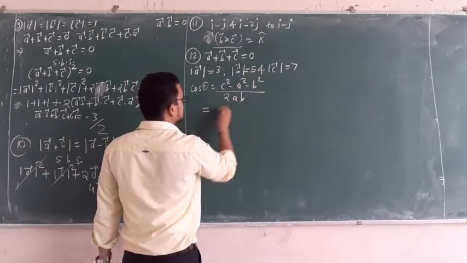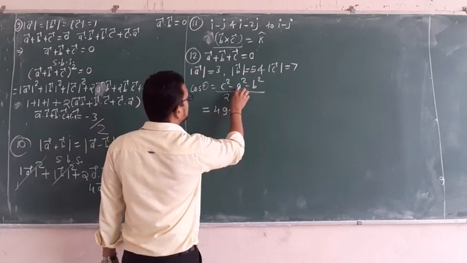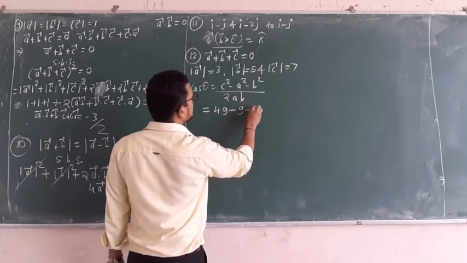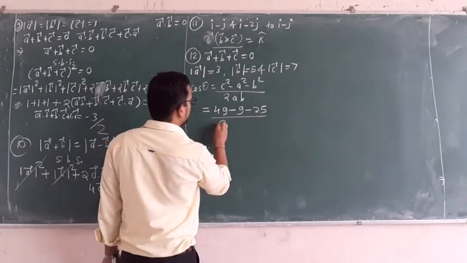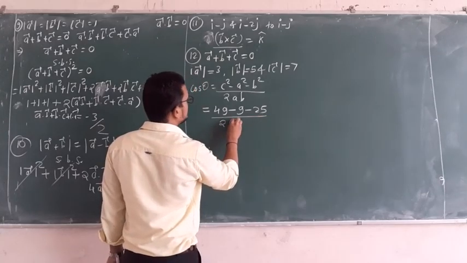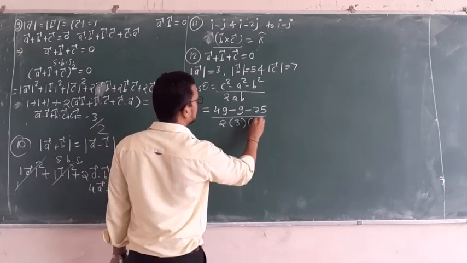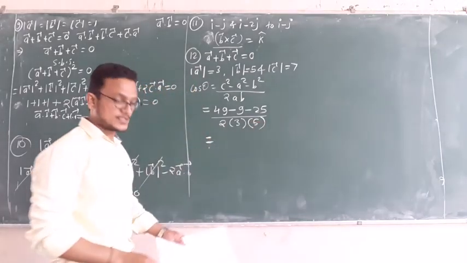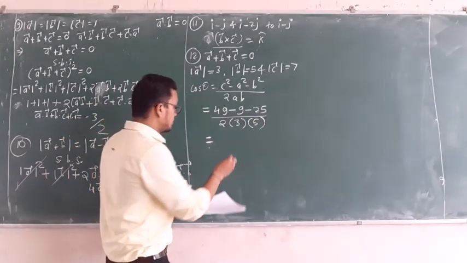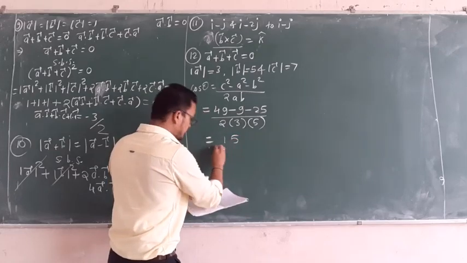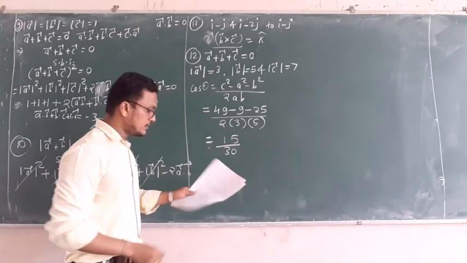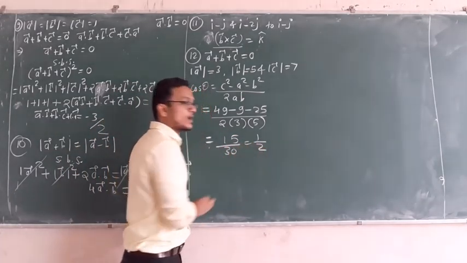C value is 7, that is 49, minus A square 9, minus B square 25, divided by 2 into A, that is 3, into B, that is 5. When you simplify this, you will get 15 divided by 30, which is equal to 1 by 2.